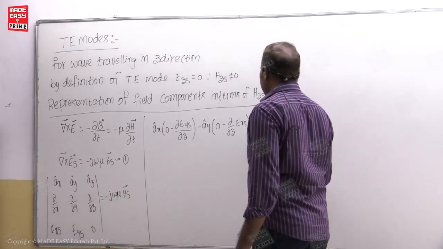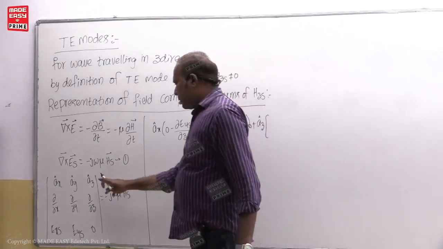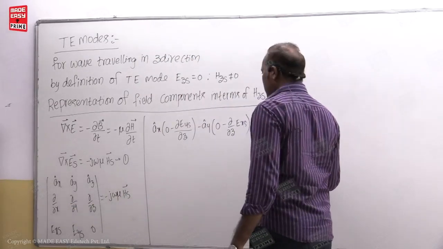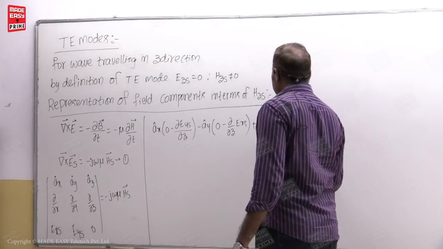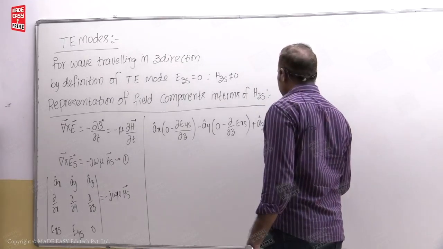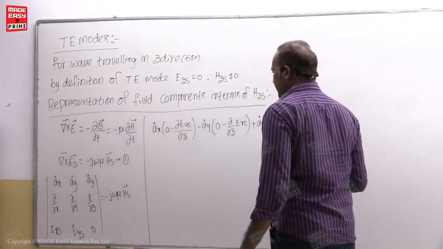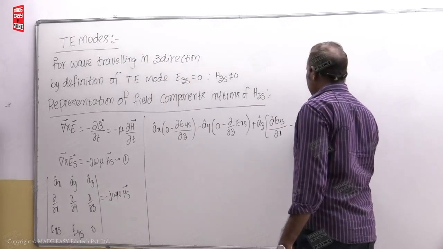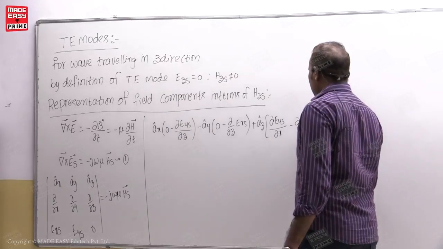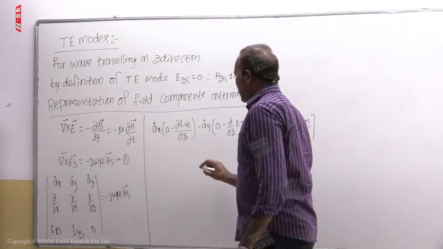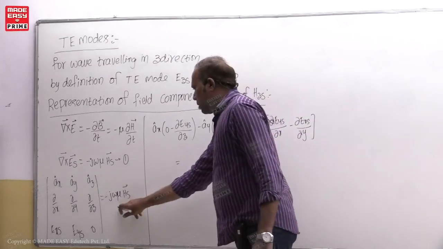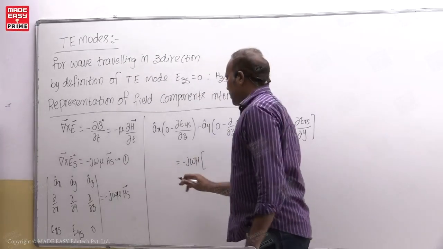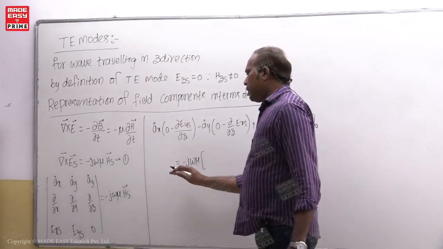Plus Az, this one you leave, ∂/∂x of this one. So ∂Eys divided by ∂x minus ∂/∂y of Exs, so ∂Exs divided by ∂y. This is equal to minus jωμ into Hs bar.